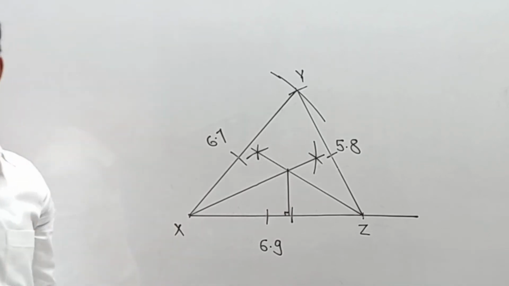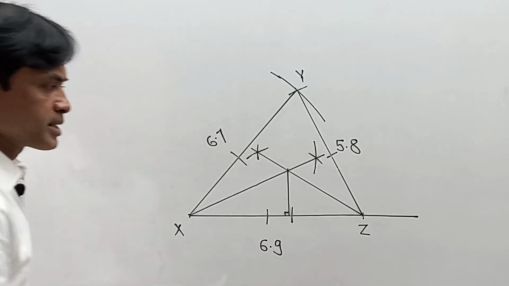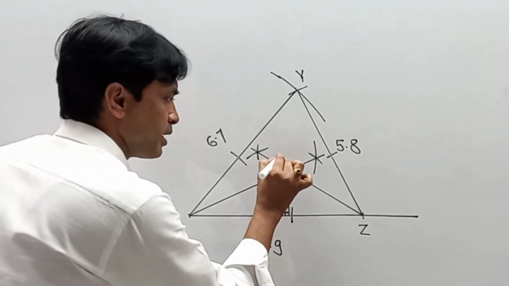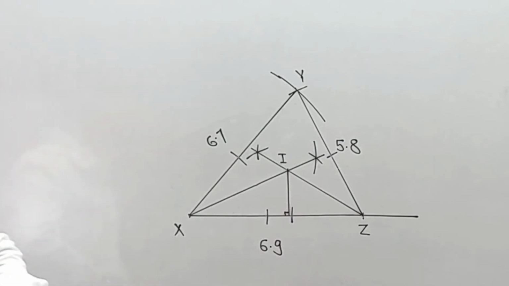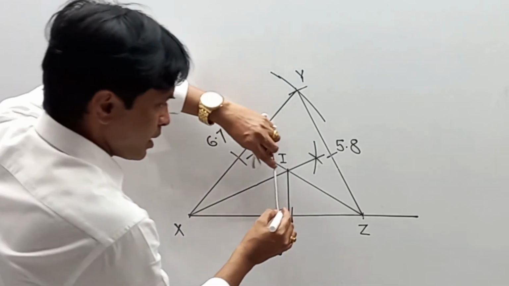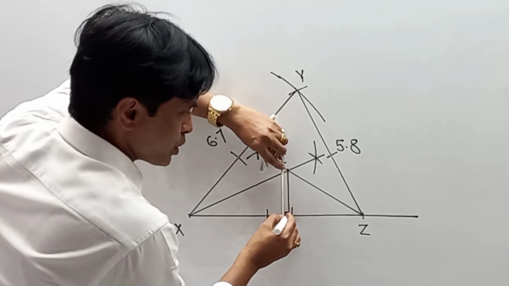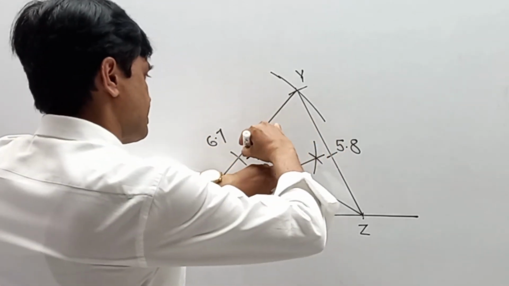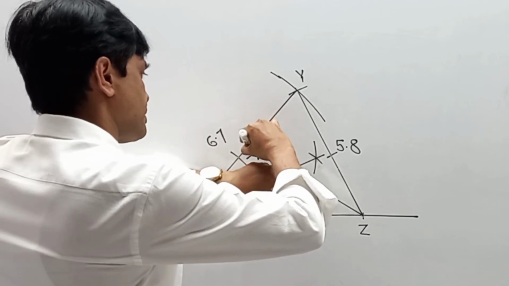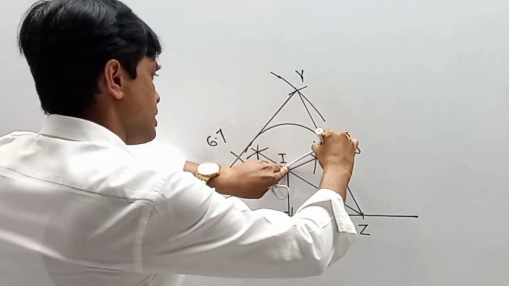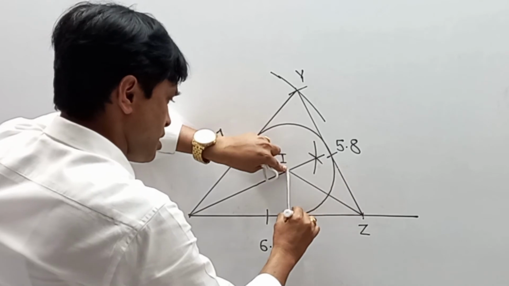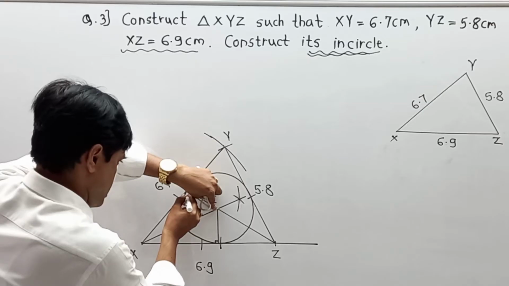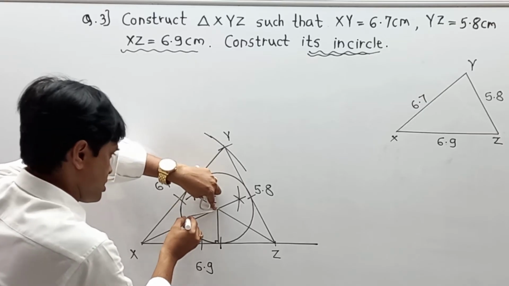This is nothing but the radius of our incircle. Keeping that distance as the radius, as it is an incircle, I am going to indicate the point as I, that is the center of the circle, or center of the incircle. Now I am going to take a radius from I to this perpendicular point and draw the incircle.